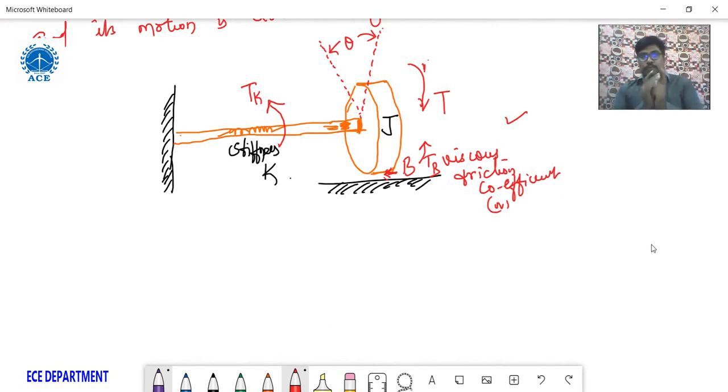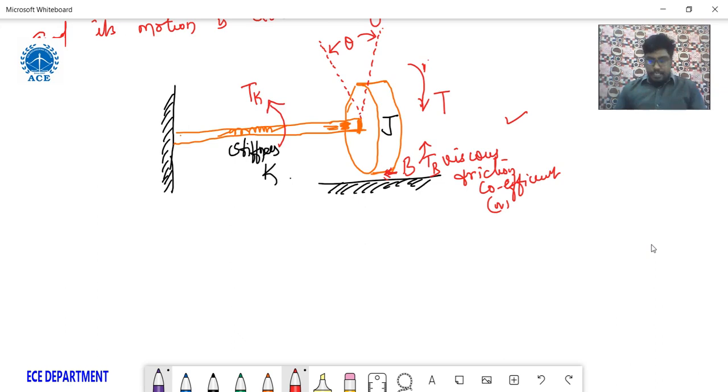So from the rotational mechanical system, to write the torque equations, what we need is a free body diagram. Free body diagram we already discussed in the translational mechanical system. What do you mean by free body diagram? It is a diagram where we only see the opposing torques and applied torques acting on an inertia element.